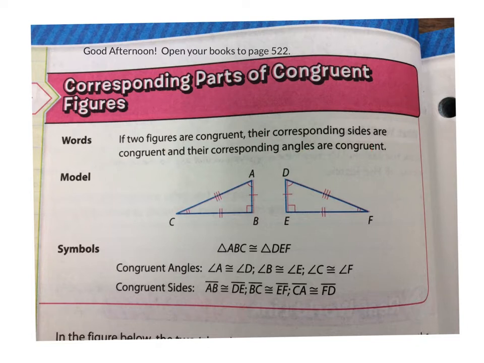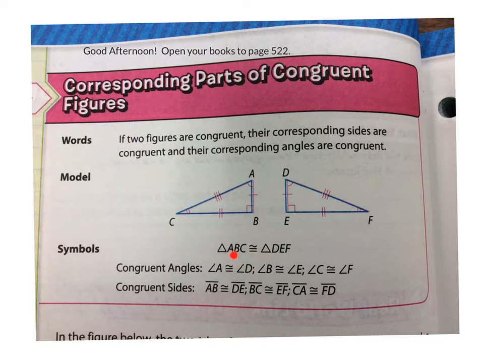So first up, this word congruent basically means the same, exactly the same. So if it's saying these two triangles are congruent, that's how you read this right here. It says triangle ABC is congruent to triangle DEF.